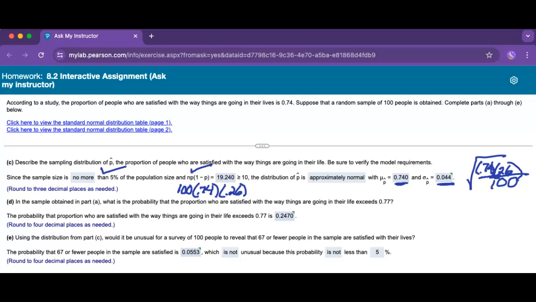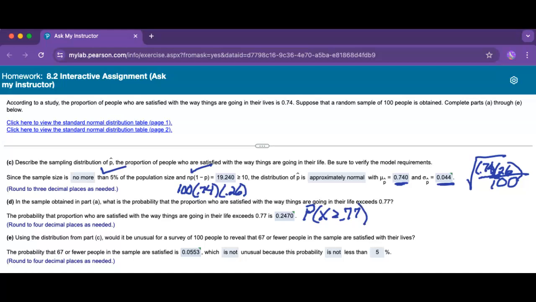Now, in the next part of this, we're asked some questions. In part D, what's the probability that the proportion who are satisfied with the way things are going in their life exceeds 0.77? So here we're looking, what's the probability that p hat is greater than 0.77?